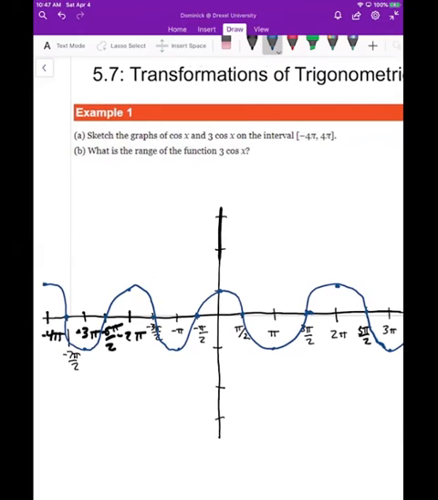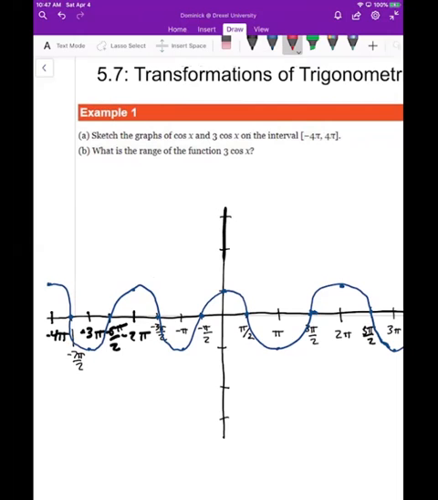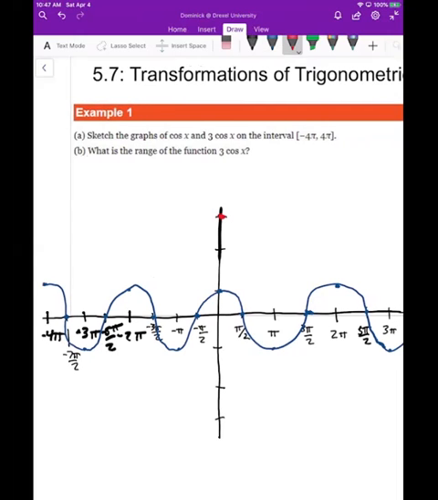All right, now we want to look at 3 times the cosine of x. So what happens there? Well, instead of a 1 at 0, I'm multiplying that value by 3, so I'm going to be up here. And then 0 times 3 is still 0, but -1 times 3 is now going to make this a -3 down here.